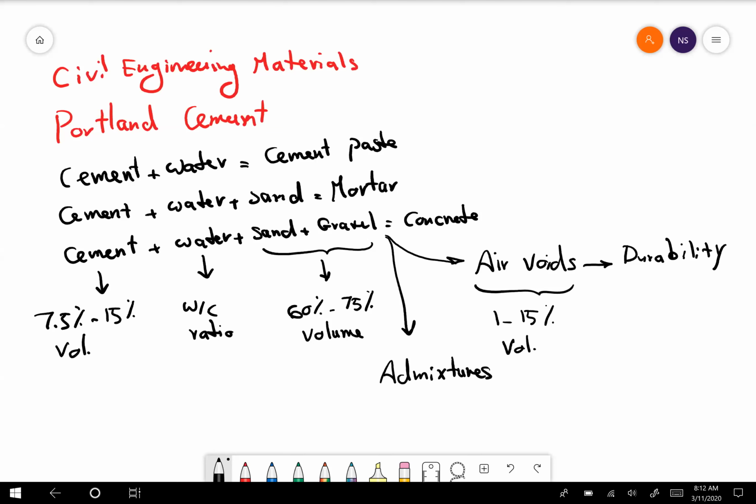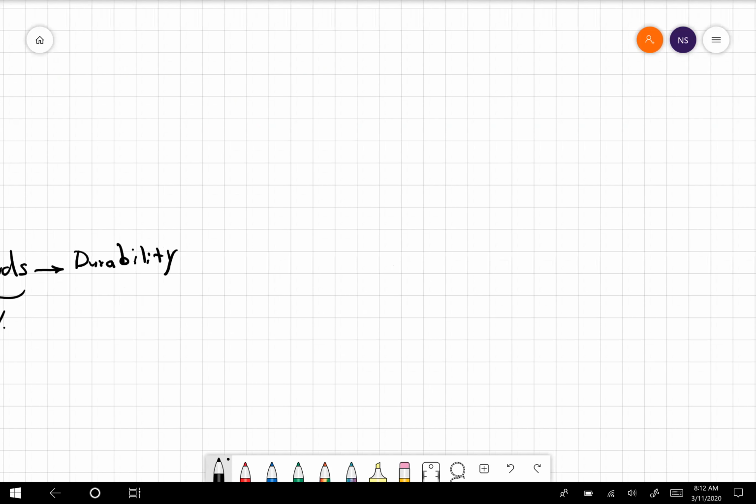But let's talk about, so I'm going to move over here. Let's talk about the Portland cement production. Okay, so how do we produce Portland cement?